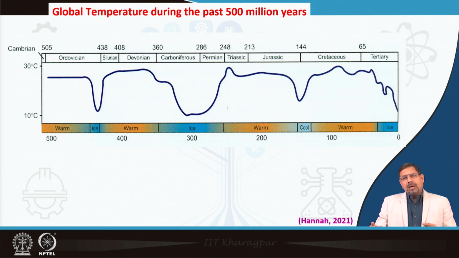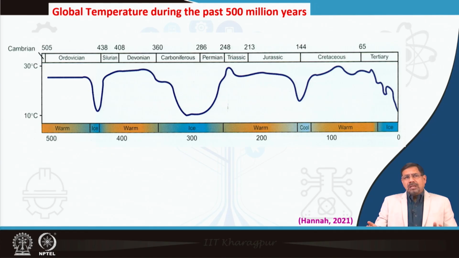So, here on the x axis, if we go from right to left, that means from present to past 500 million years, we have plotted the average temperature of Earth. So, it can very well be seen on the y axis, the bar goes between 10 to 30 degrees centigrade as far as the Earth's average surface temperature is concerned.